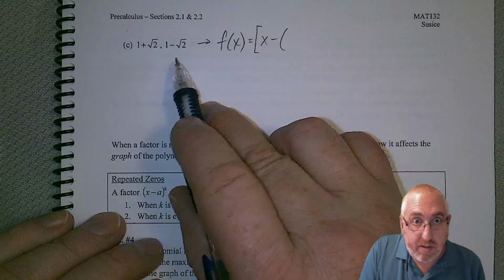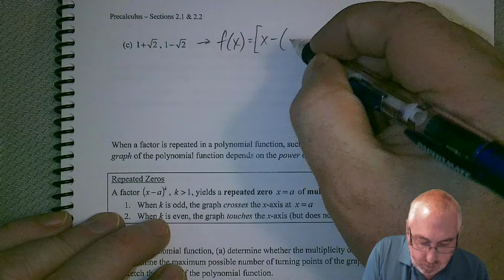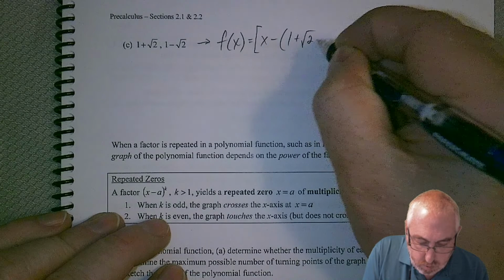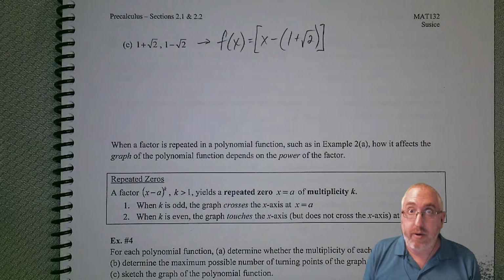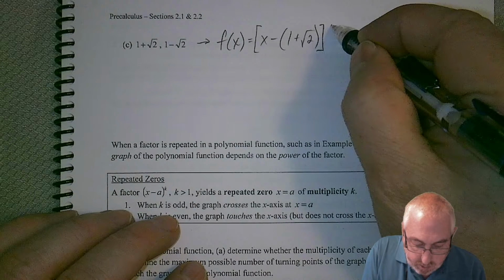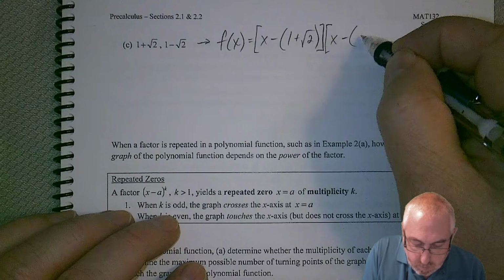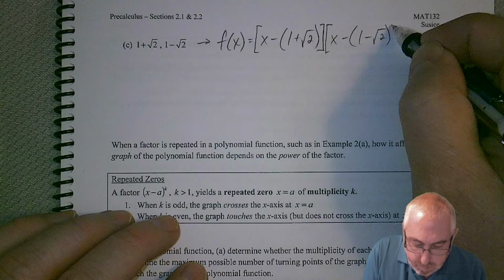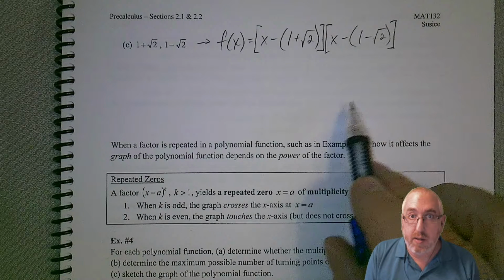So I'm going to subtract this first zero of 1 plus square root of 2. So there's my first factor. Second one's going to look very, very similar. So x minus the second zero.